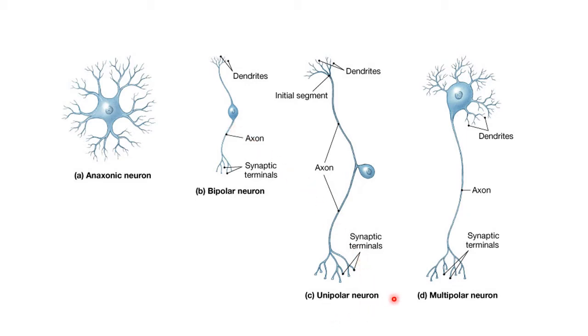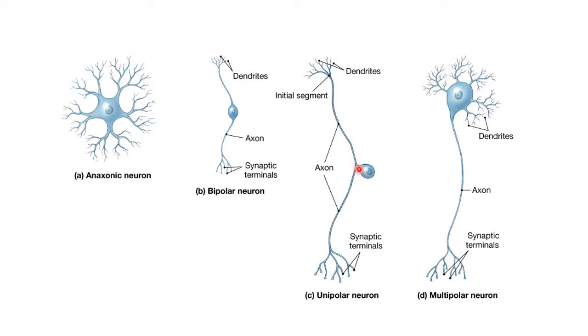In the unipolar or pseudo-unipolar neuron, we have a single process that branches into two. The longer branch extends towards a peripheral ending, and the other branch heads towards the central nervous system.